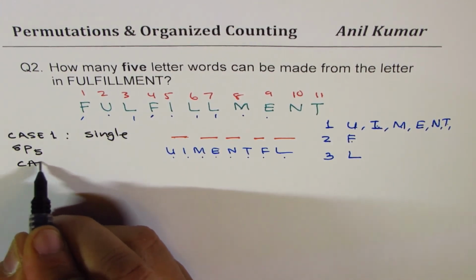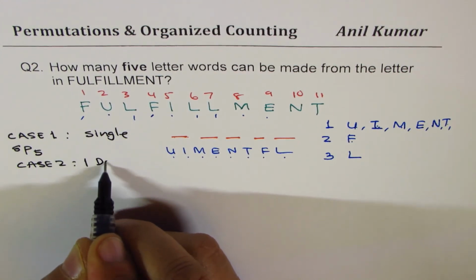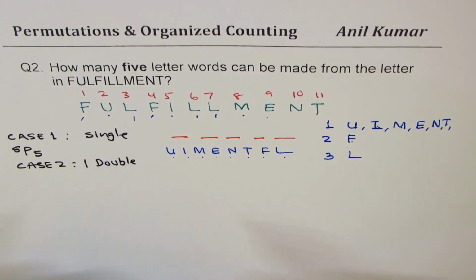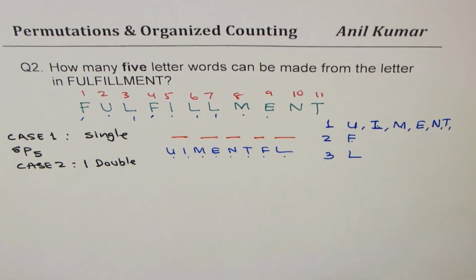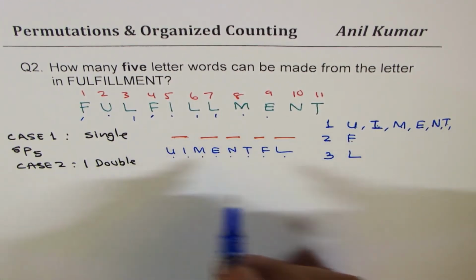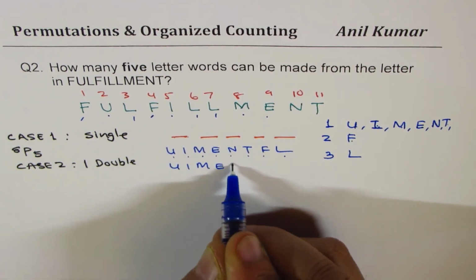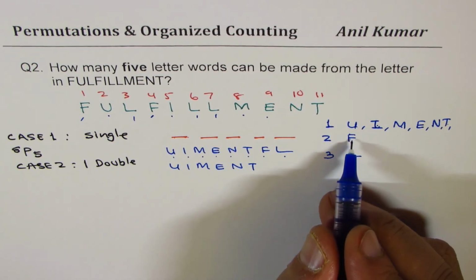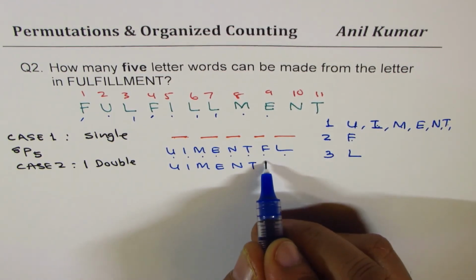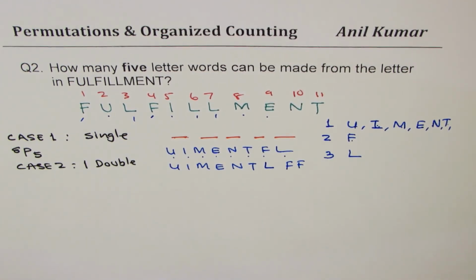Case 2 is 1 double. So that means we could have 2 F's, right? In that case, let me write all these letters: U, I, M, E, N, T. And first we'll take 2 F's, so we'll take L here and 2 F's.